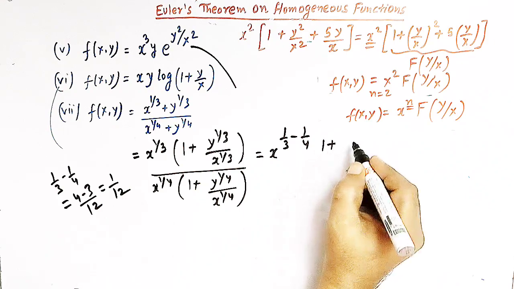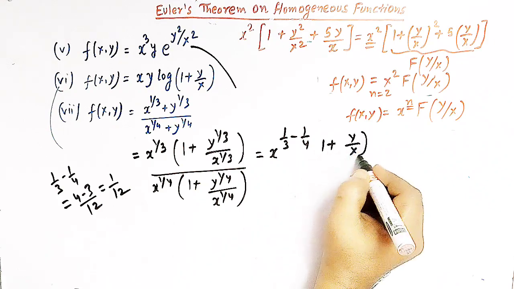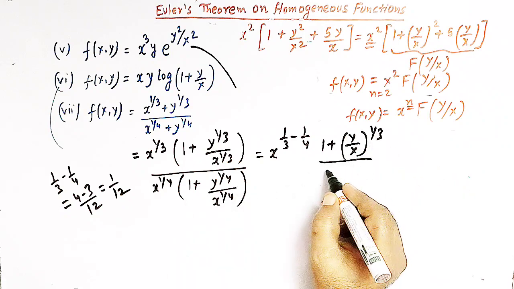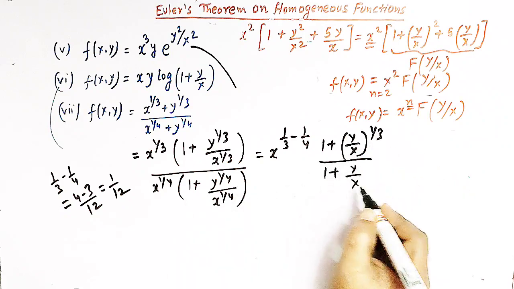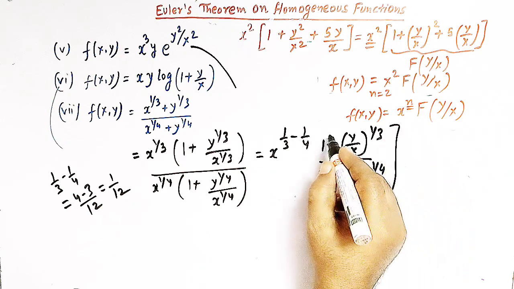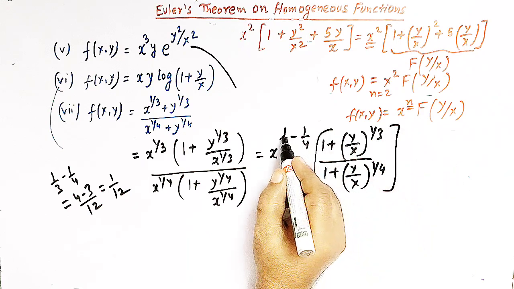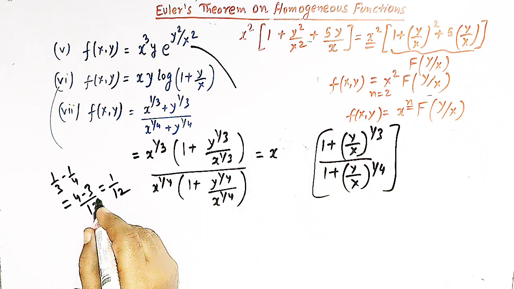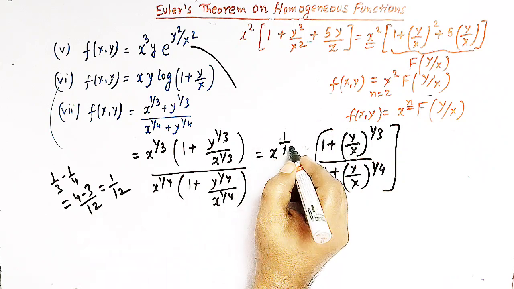And then we have 1 plus y over x raised to 1 by 3, and here we have 1 plus y over x raised to 1 by 4, right? So now here 1 over 3 minus 1 over 4 is equal to 1 over 12.